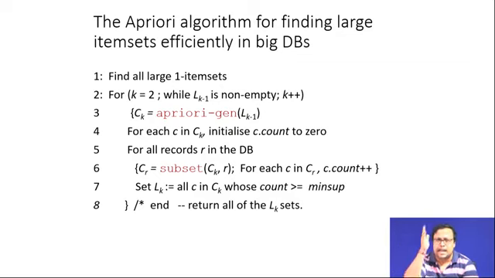That is, let us say A and B together are not occurring 10% of times. Then can A, B, H occur 10% of times? No, right. So, if A and B is not occurring 10% of times, that means A and B is not a part of the large item set, then A, B, H cannot be a part of the large item set.